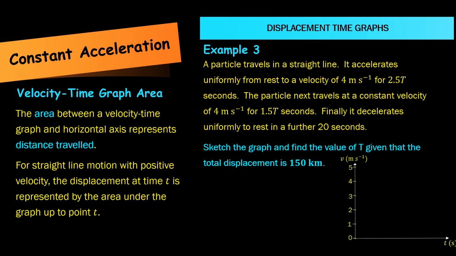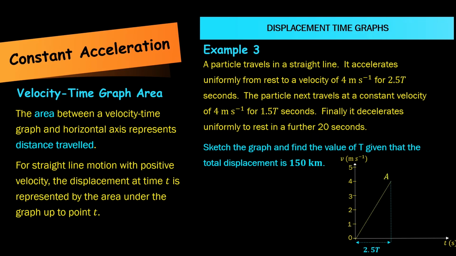So let's begin by producing a sketch. We have the time t on the x-axis and the velocity v on the y-axis. So the first part of the journey, we have that the particle is travelling in a straight line and begins from rest to a velocity of 4 meters per second for 2.5 t seconds.